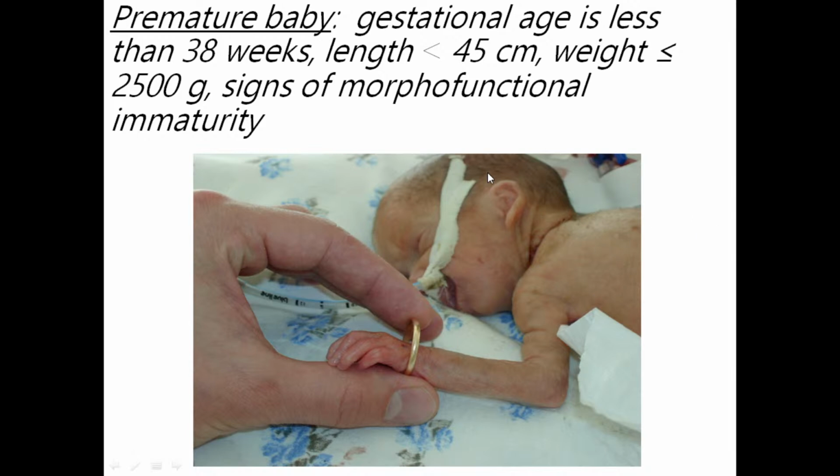This is the soft ear, very small amount of subcutaneous fat, wrinkled skin, just the color of the skin, and also we can observe the hair, lanugo.